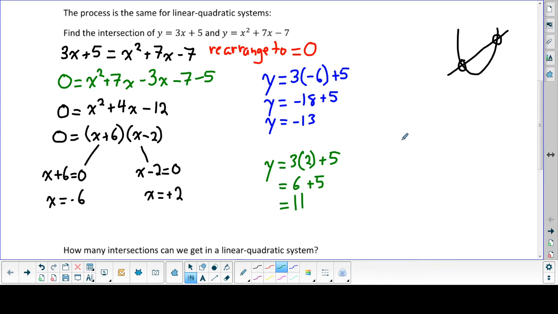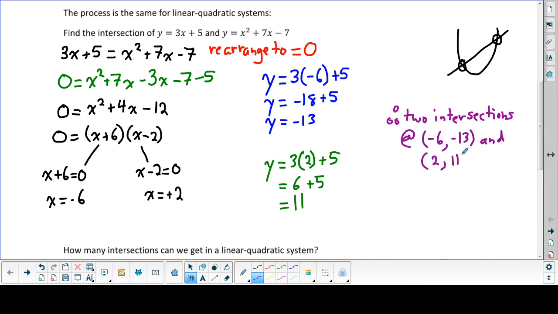Okay, so we should write a little conclusion here to show our two points. So therefore, two intersections at our first point we found was (-6, -13), and (2, 11).